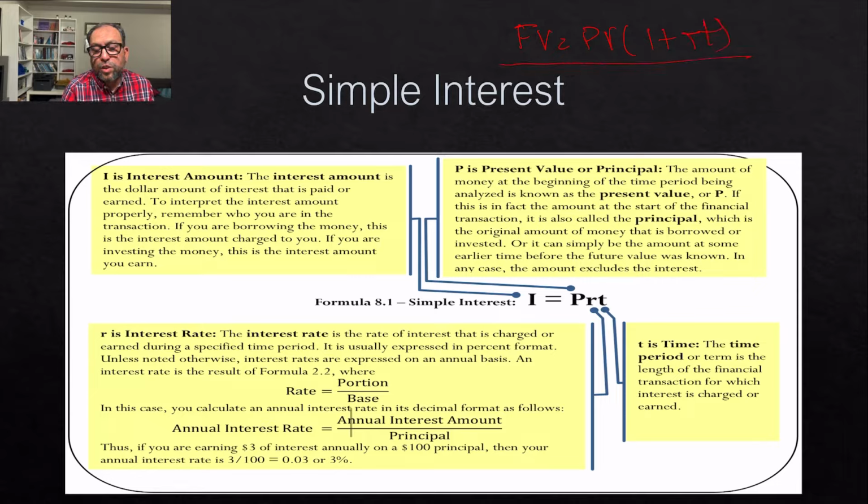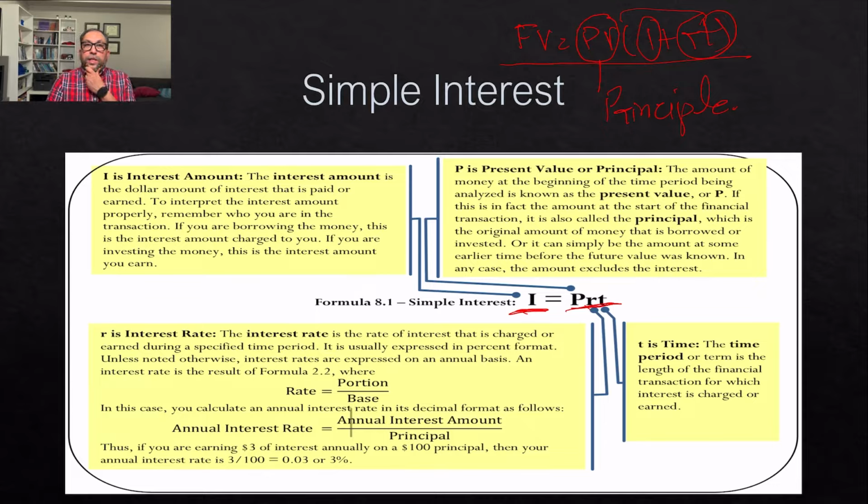Here we see that for simple interest, there is the amount at the moment, which we also call the principal amount, and this is just a 1, because at the end of the term you have to pay the principal, plus RT multiplied by principal is going to be the interest amount. So if we want to calculate just the interest amount, it is going to be just the principal times RT, principal times RT.